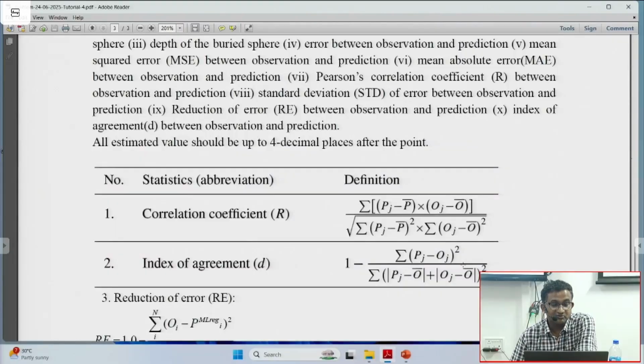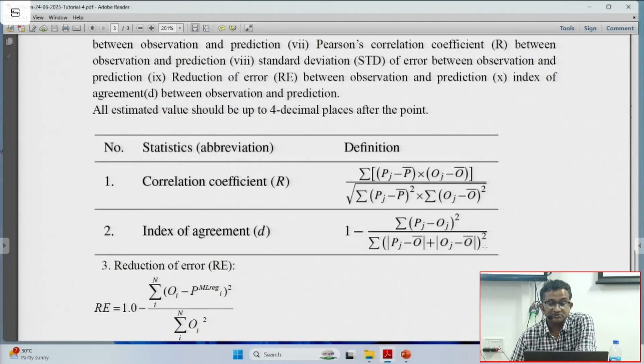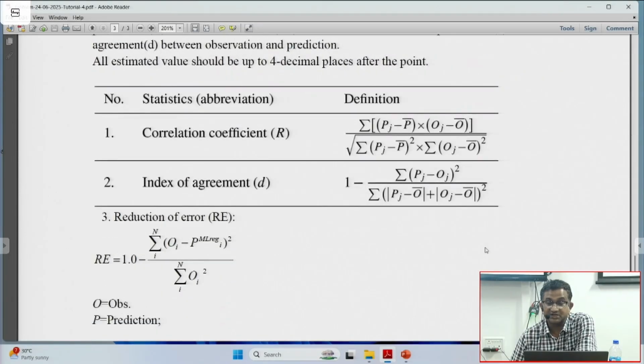Some of the equations and formulas have been provided for how to calculate the correlation coefficient, index of agreement, and reduction of error. These have their significance because when we do this type of comparison, we also need to understand how these indices or statistical measures are influenced by the outliers present in the data.